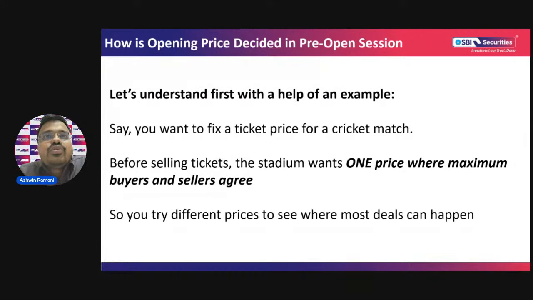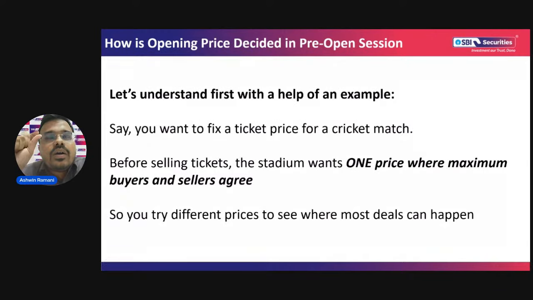Okay, let's say you own a stadium and you want to host a match between India and South Africa. And you want to fix a ticket price for a cricket match. आपको tickets बेचने हैं, but आप sure नहीं है कि कौन से price में इसको बेचना चाहिए. So what you do is, before selling tickets, the stadium wants one price where maximum buyers and sellers agree.